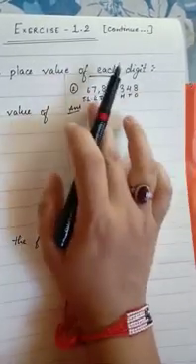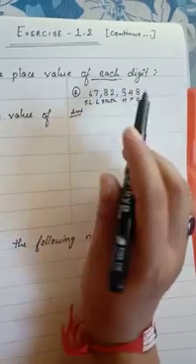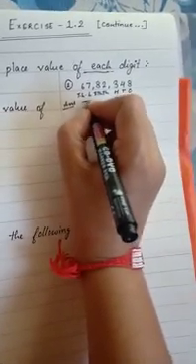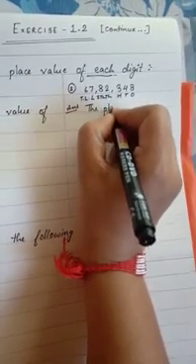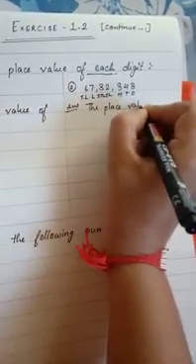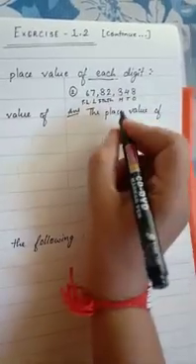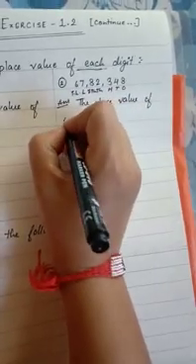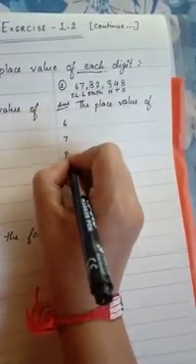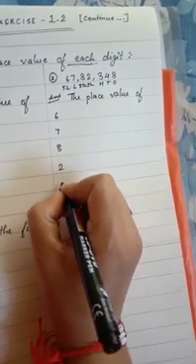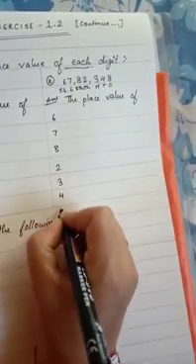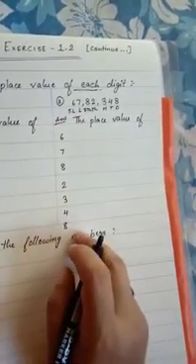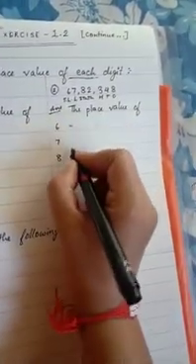First you have to place it in the place value order, then write the statement as the place value of, then start writing every number here. First write it like this: 6, 7, 8, 2, 3, 4 and 8. All the numbers you have to write like this, and then put an equal to sign.